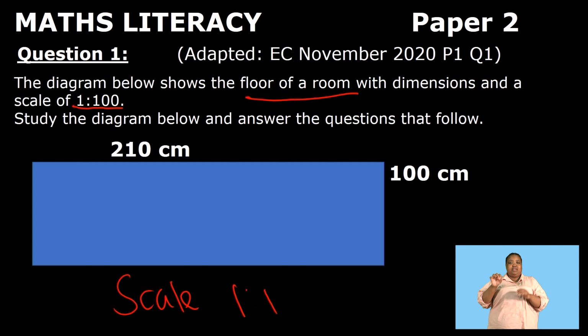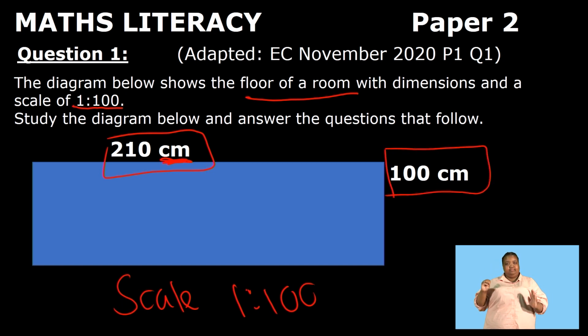So the scale is 1 to 100. Study the diagram below and answer the questions that follow. Now, the first thing that you do is you check your units. The length, 210 centimeters, and the width, 100 centimeters. So, luckily, it's the same units. We can continue. There's no conversion needed.